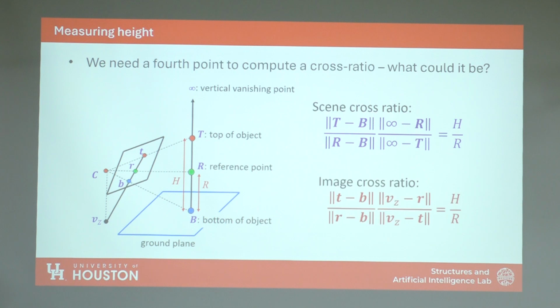That's the invariant. Now I have this for the scene. I also have it for the image. For the image, I replace the infinities by v sub z's, and then I replace the capital T's and the r's and b's by the small ones. Okay. So this invariant is useful for me to compute this ratio h over r.